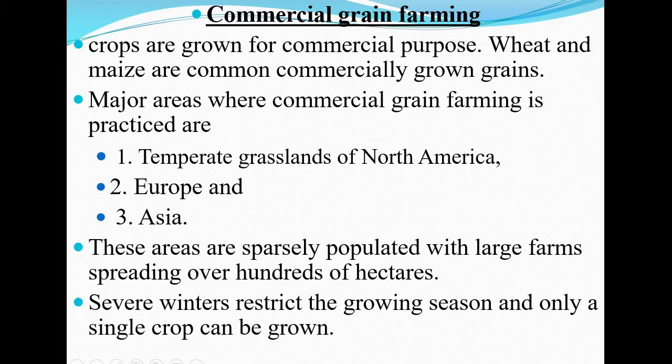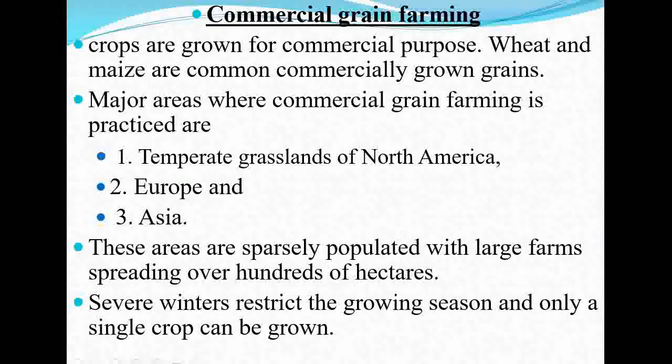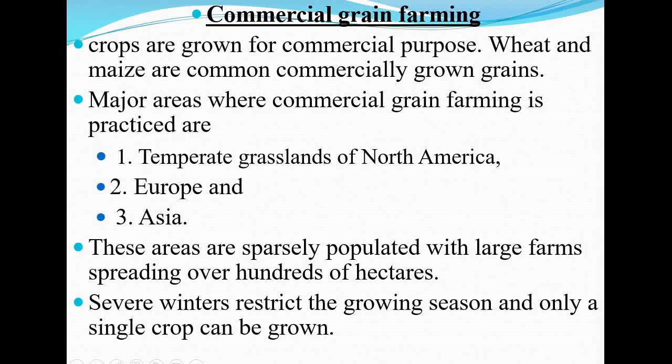Major areas in the world where commercial grain farming is practiced are the temperate grasslands of North America, Europe, and Asia. These areas are populated with large farms spreading over hundreds of hectares. Severe winters restrict the growing season and only a single crop can be grown.